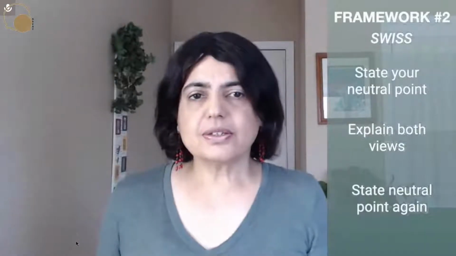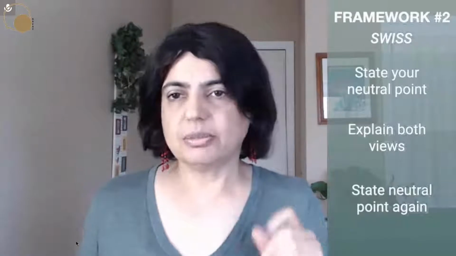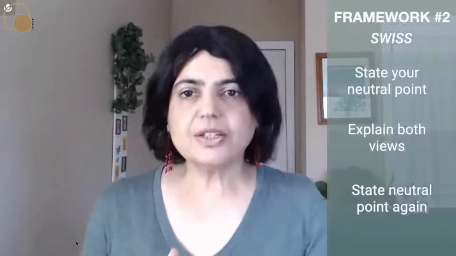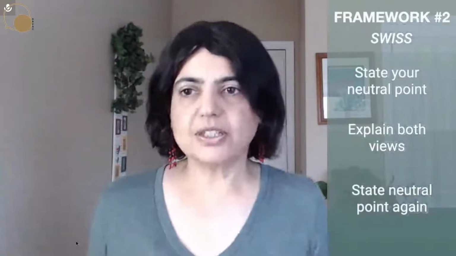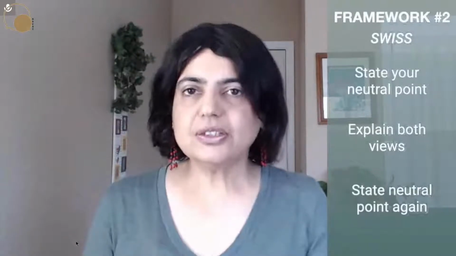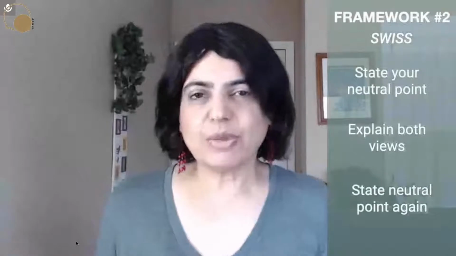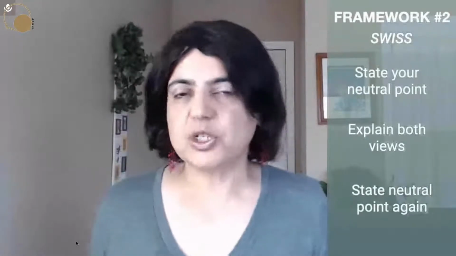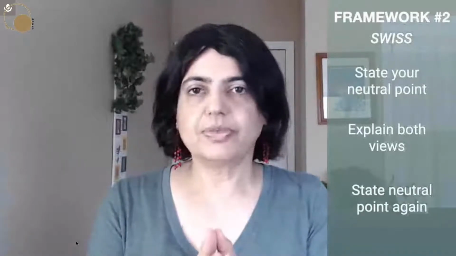This is very similar to the pendulum method that I talked about last time. You explore both sides of the argument, but instead of choosing one side, you take the middle path. This is used when you feel that both sides do not have merits, or maybe both sides are not what you want. So you could use this on several occasions.